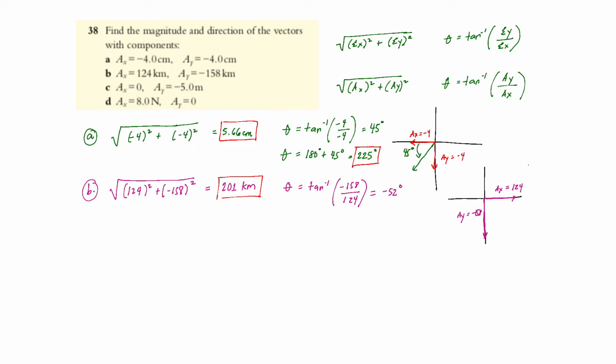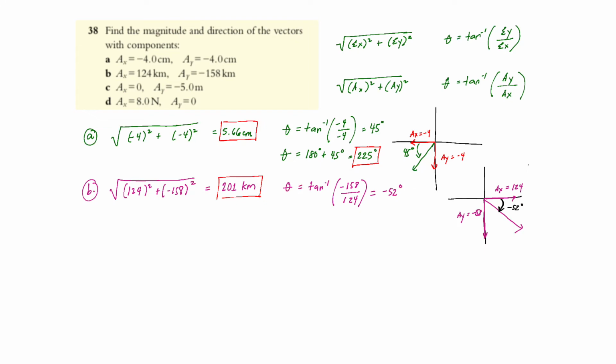The negative 52 is the reference angle, somewhere here, negative 52 degrees. That is the interpretation of negative 52, turning in a clockwise manner.